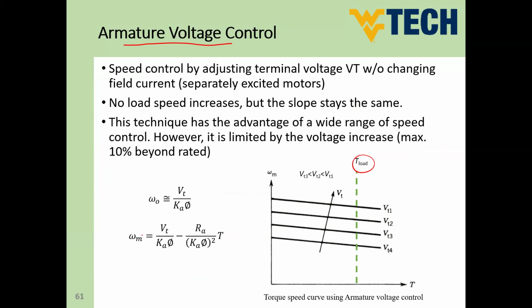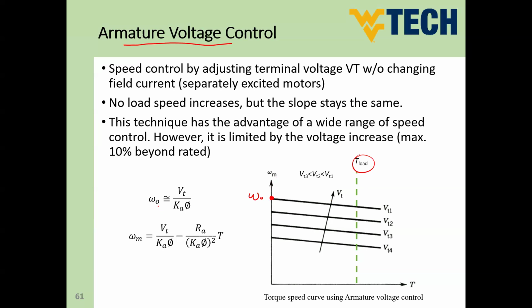In order to figure out what will happen to the machine characteristic, we need to identify the boundaries of our curve. Boundaries means the beginning and end points, for instance. The beginning point is this point, which is called the no load speed. This is omega naught. So omega naught depends on what?